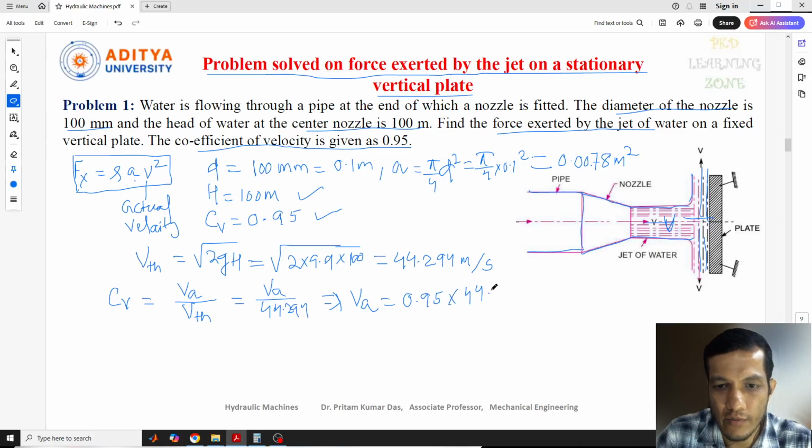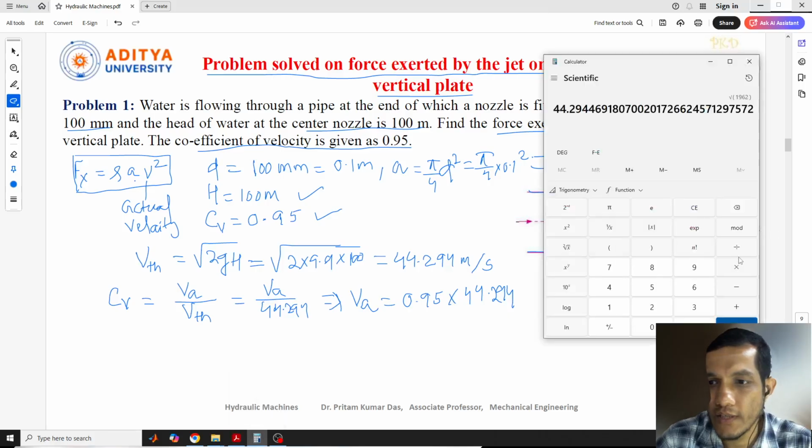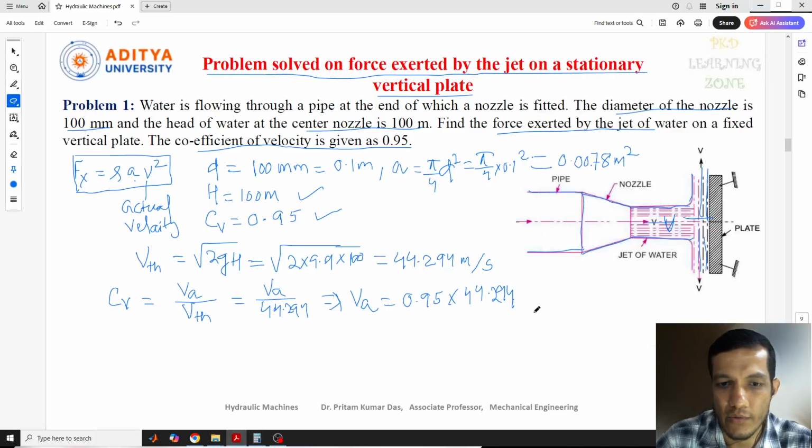So this is 44.294 multiplied by 0.95, and we get the value of the actual velocity, 42.079, or we can write 42.08 meter per second.